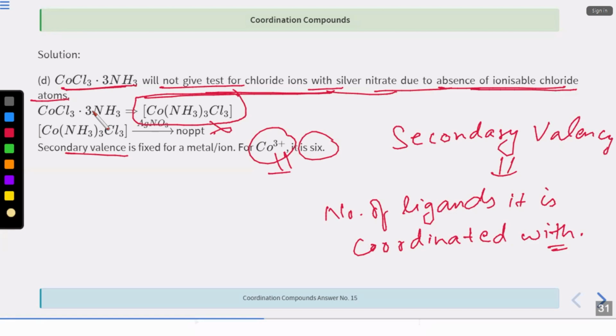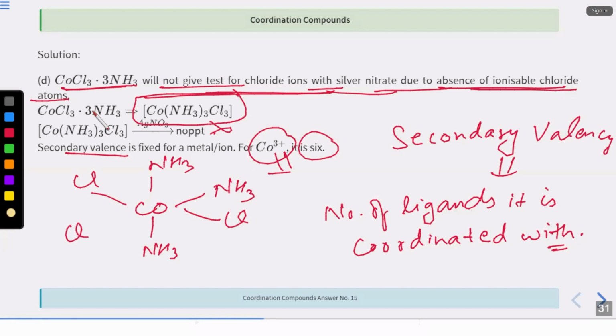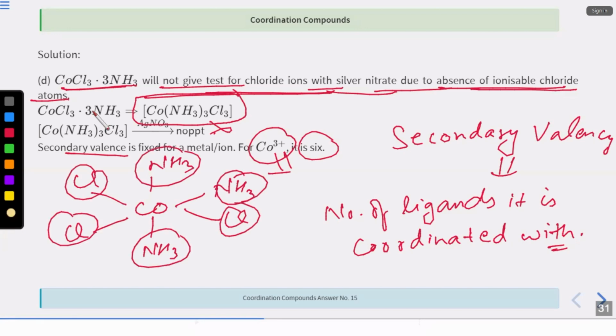In this case, cobalt is coordinated with six ligands: NH3, NH3, NH3, chlorine, chlorine. So there are six ligands. So secondary valency is six here.